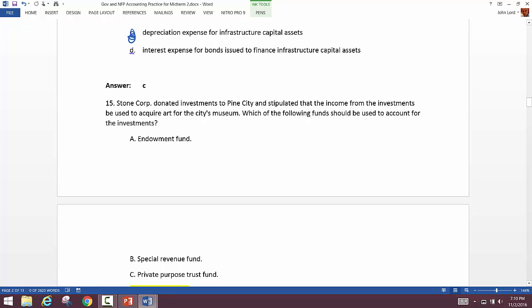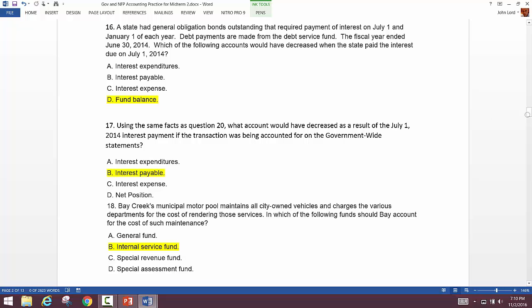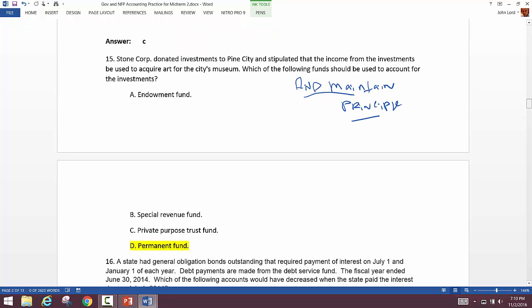Well, they should have said and maintain principal. Did they say that? They should have said, maintain the principal. Because if they say that, then this is clearly a permanent fund, because that's what we do in a permanent fund, right?